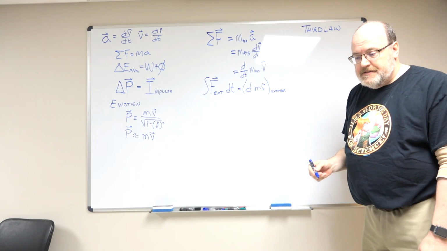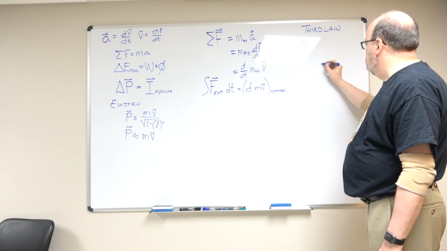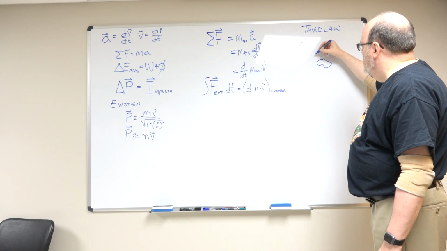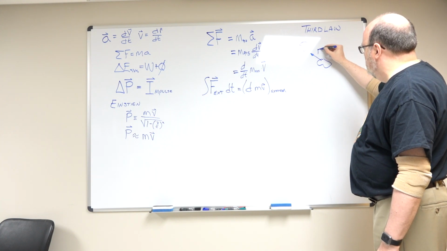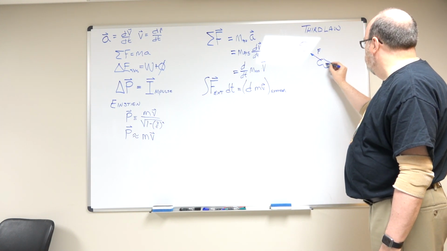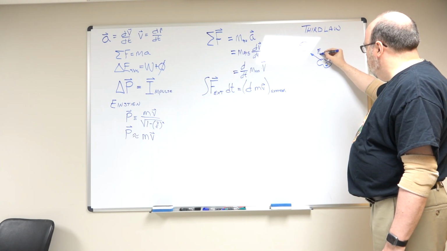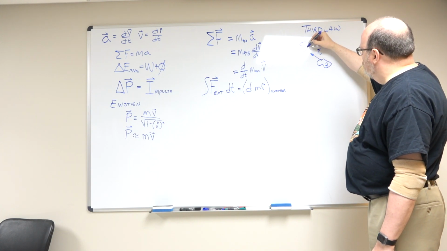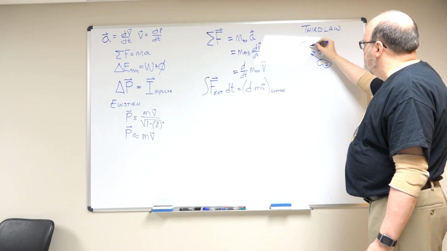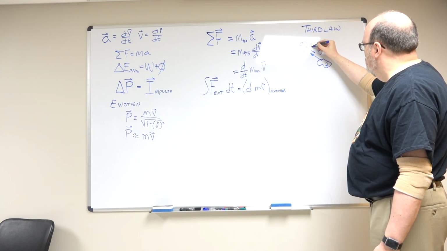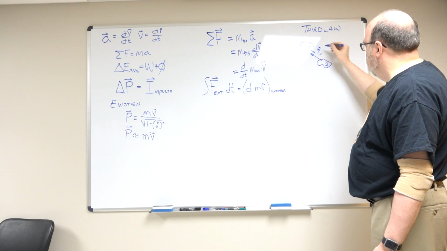Newton's third law says that if I have two objects, this guy will be attracted to the first one. So let's label them 1 and 2. So the force on 2 from 1 should be equal and opposite and acting along the same line as the force of 1 on 2. And these are vector forces.